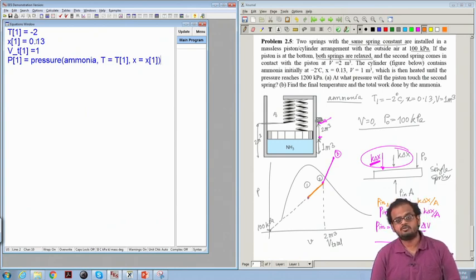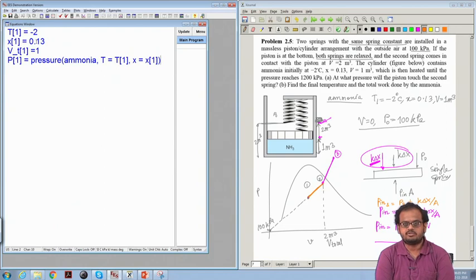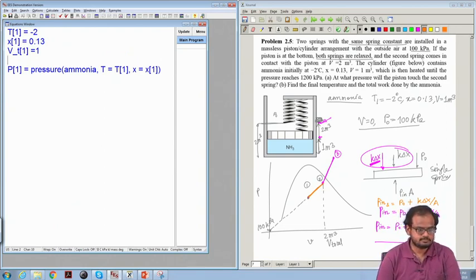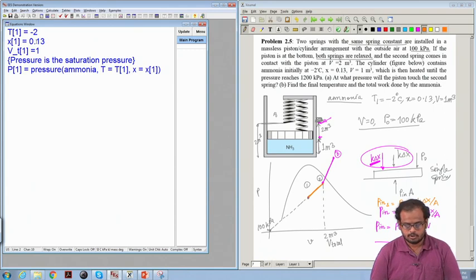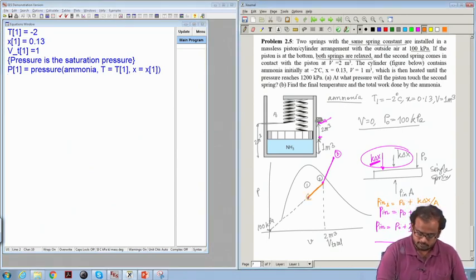Can you tell me what this pressure should be? This pressure should be identical to the saturation pressure, because it is inside the dome. All right. So, P1 is known, V1 is known. So, this point is known.